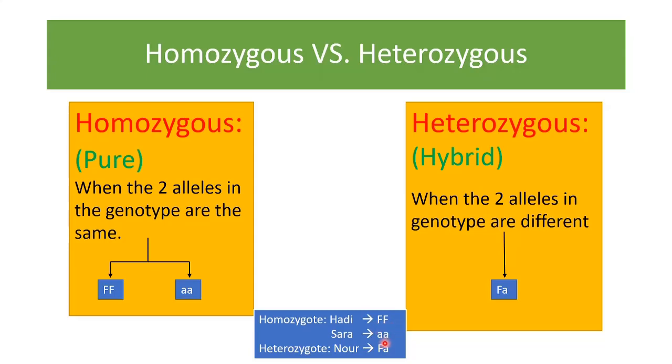I can say they are homozygote when I'm going to describe the individual. I say that Hadi is homozygote since he has a homozygous genotype. What about Noor? Noor has genotype FA, so her genotype is heterozygous, so Noor is heterozygote, or she is hybrid. This is everything for today. See you later in order to have more examples about this issue.